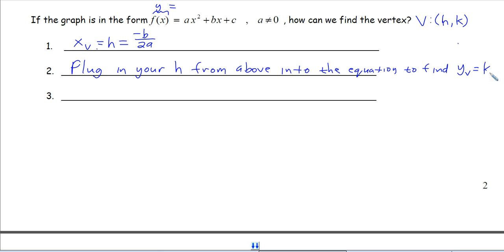In this case, that's going to be your k. So just like anything, once we have a value, plug it in and you get your k value.